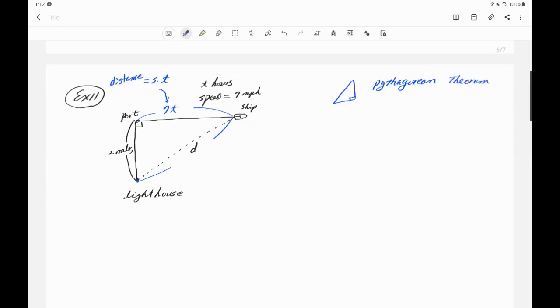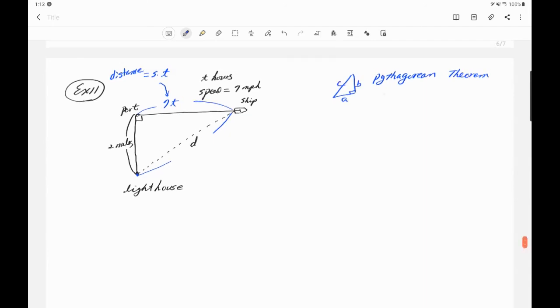Let's say this is the right triangle ABC. Then C equals the square root of A squared plus B squared, right? We know that C squared is A squared plus B squared. We want to find C, so take a square root on the right side. Based on this Pythagorean theorem, we can find D.